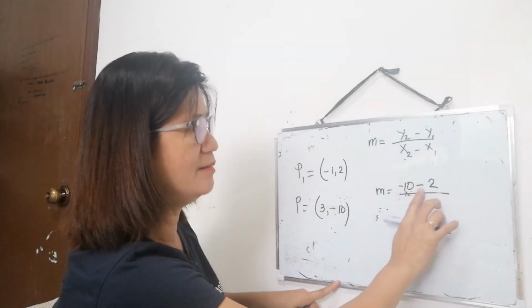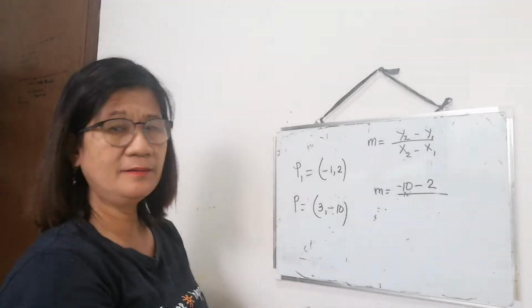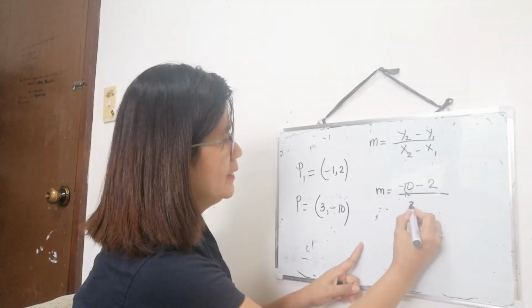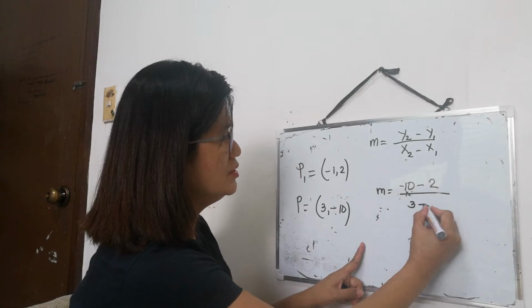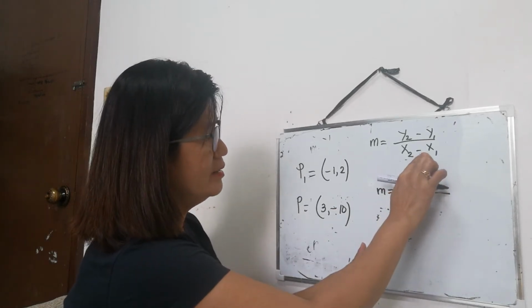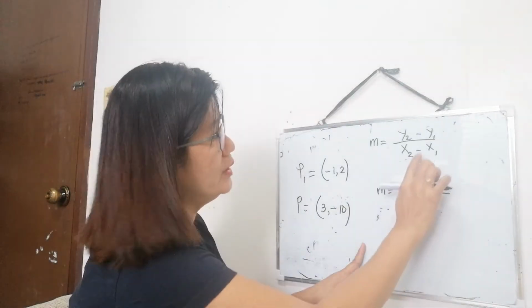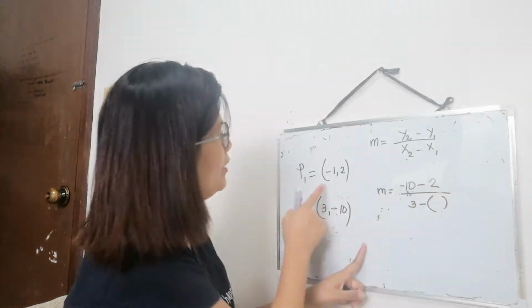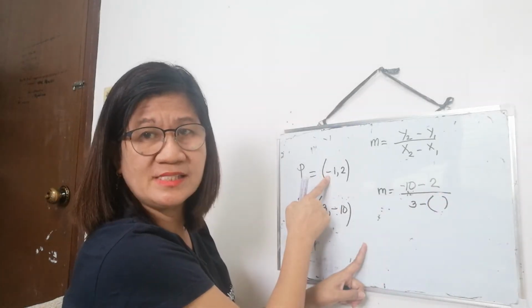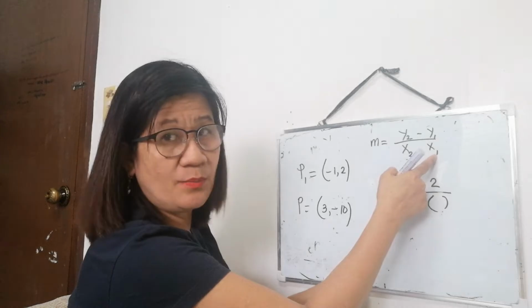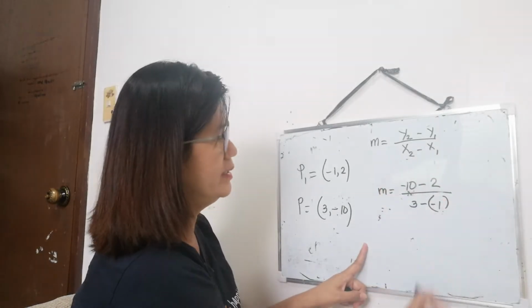Magiging negative 10 minus 2. Then, 3 minus, it came from here. Yung negative nakikita nyo to, dito yan galing. Then, we will replace x sub 1 with negative 1.